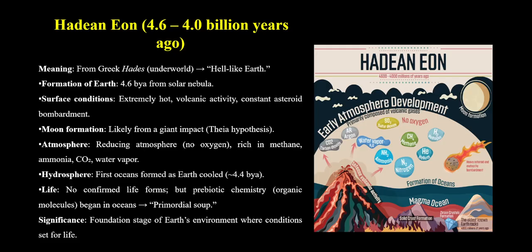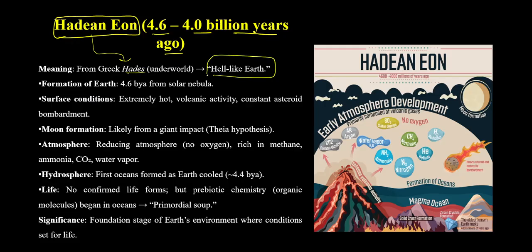Now let us discuss the Hadean eon in detail. This particular eon existed 4.6 to 4 billion years ago. The word Hadean comes from the Greek word Hades, which means hell-like Earth. It means this eon refers to the time when the Earth had just formed from the solar nebula around 4.6 billion years ago.